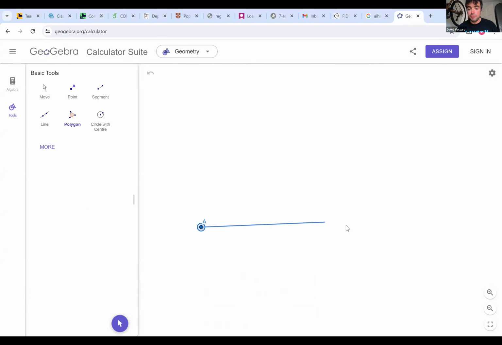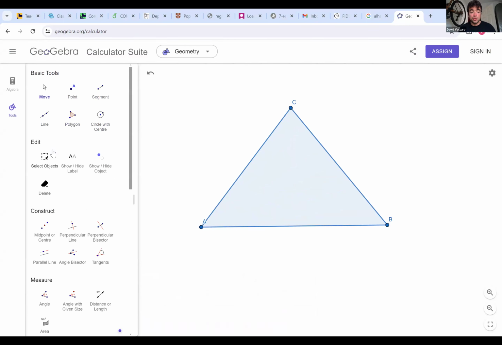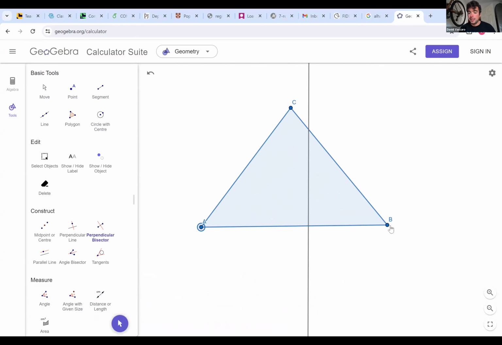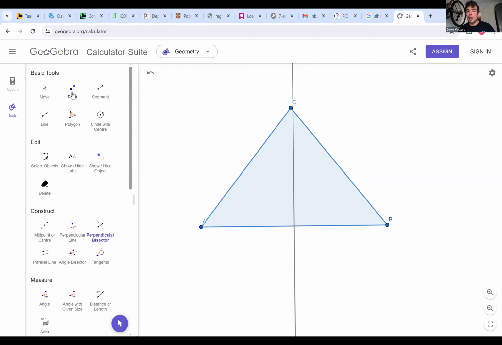I'm going to do some relatively famous bits of geometry. So I'm going to start off by drawing a triangle. And what I'm going to do is draw a perpendicular bisector of the side AB. That's perilously close to C, okay?